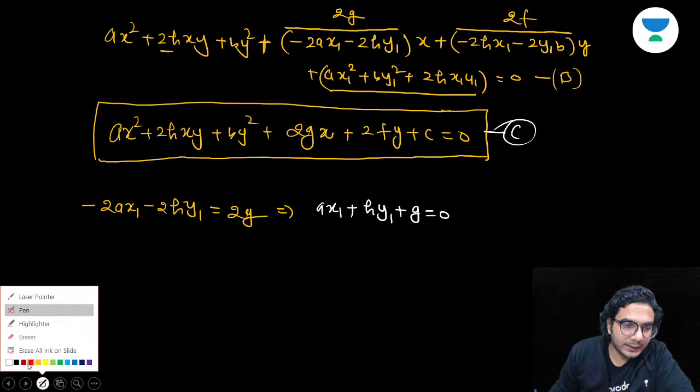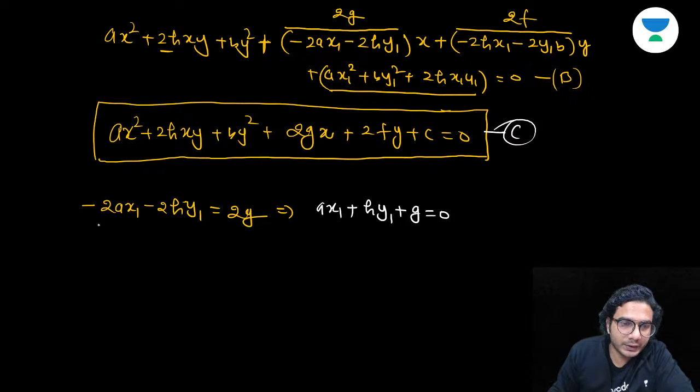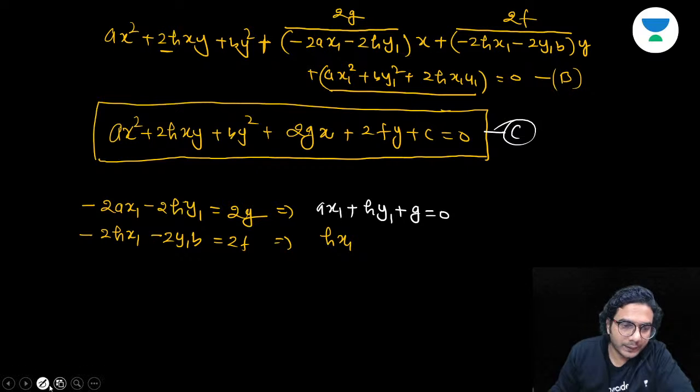Similarly, we need two relations. So minus 2hx1 minus 2by1 is equal to 2f. From this we get hx1 plus by1 plus f is equal to 0.